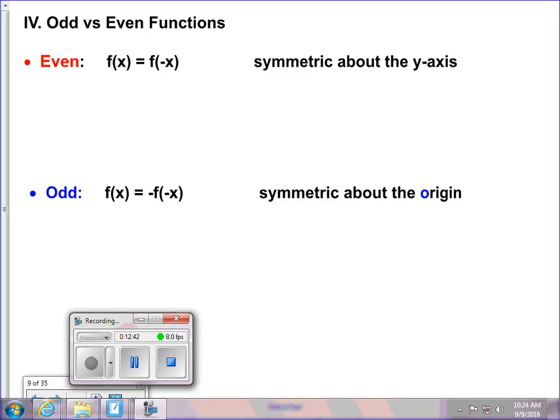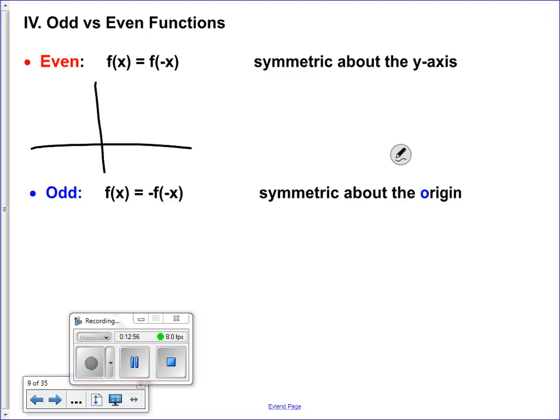And if it equals f of x, so in other words, whether I plug in 3 or negative 3, I get the same y. If I plug in 1 or negative 1, I'm getting the same y. Whenever you plug in a number and its opposite, you get the same y value.